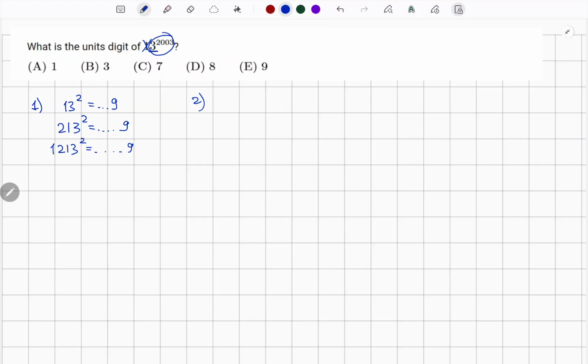So number 2. Now we consider 3 to the power of 2003. I believe in the existence of a pattern. In order to demonstrate this pattern, I usually use a table like this. Let the first row in the table be n, the power of 3, and the second row be the last digit of 3 to the power of n.